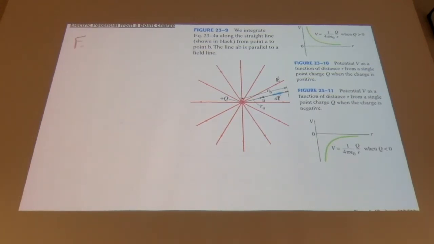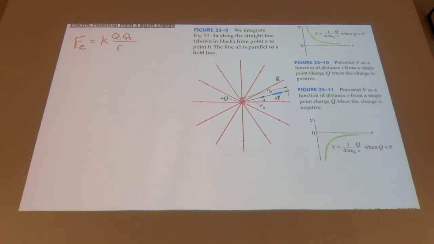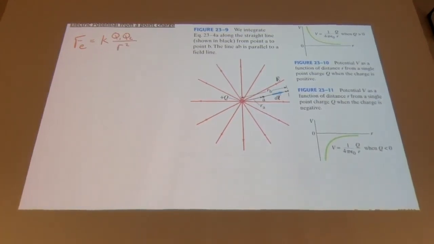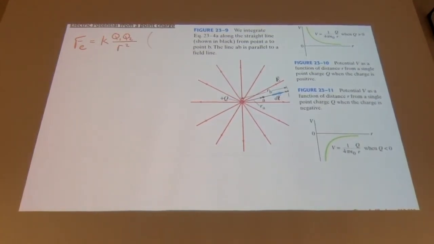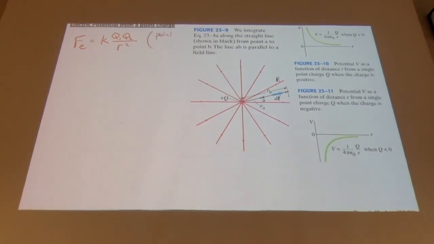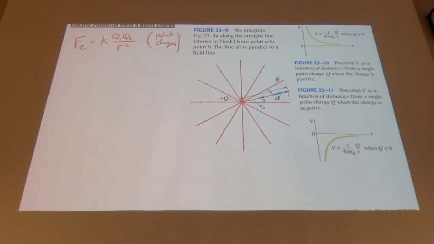The electric force. We could write it as K Q1 Q2 over R squared, right? That is for dealing with point charges, 2 point charges. Both of them feel the same force on each other, okay?